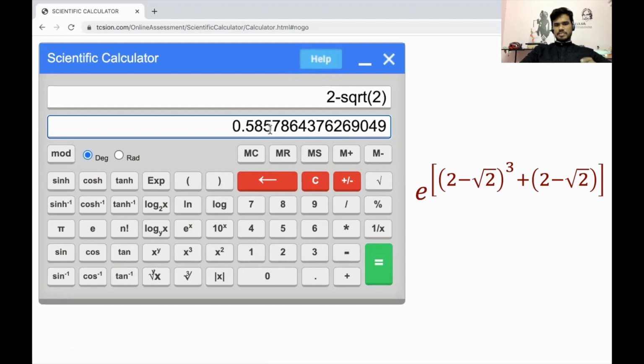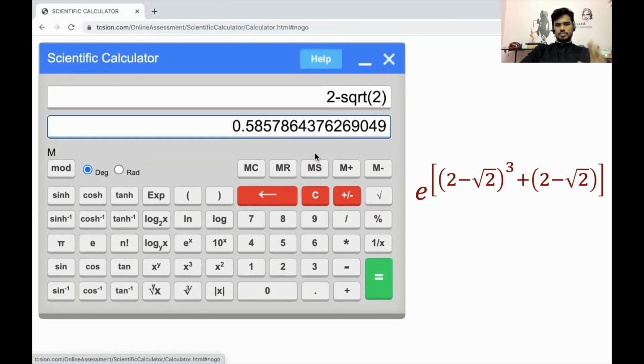We can quickly save this in the memory. MS is to save that in the memory. Memory save, MS for memory save. Just do memory save and you get a signal here saying that things have been saved in the memory. That's it. Okay, now we could go do this expression to calculate that, you can clear it.